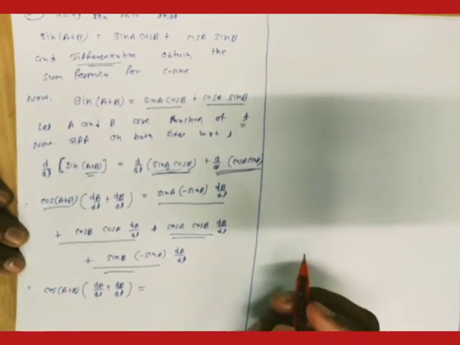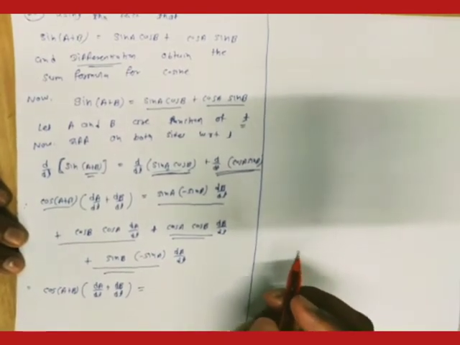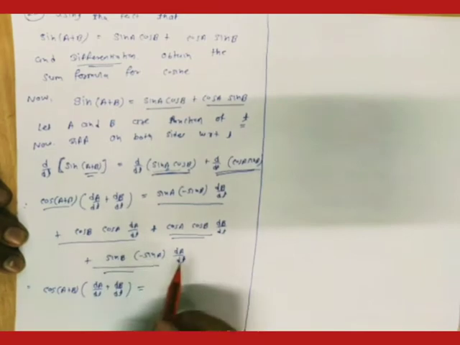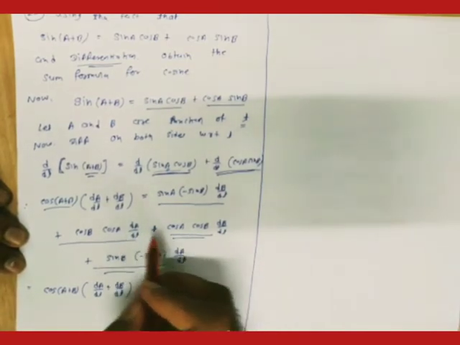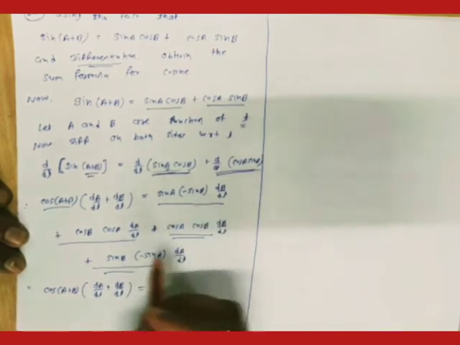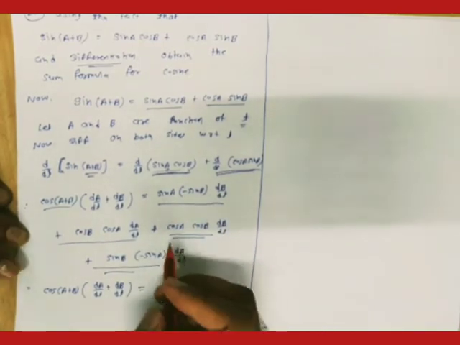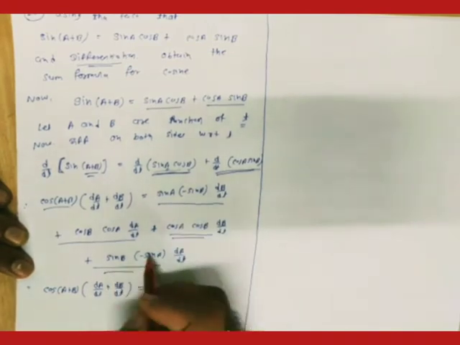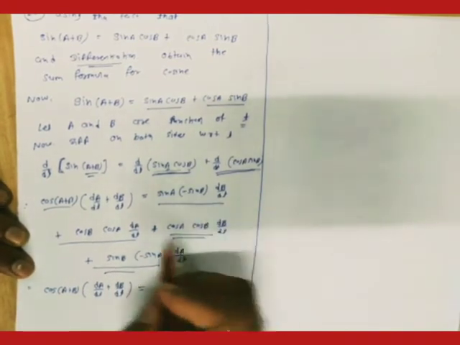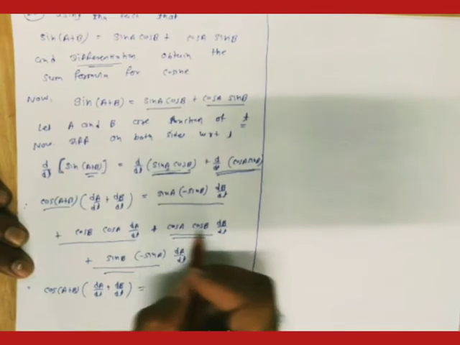Now students, here you can see that minus sin a sin b is common in two terms, and cos a cos b is also common in these two terms.